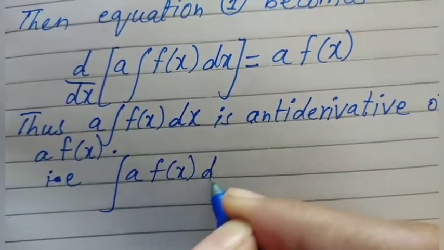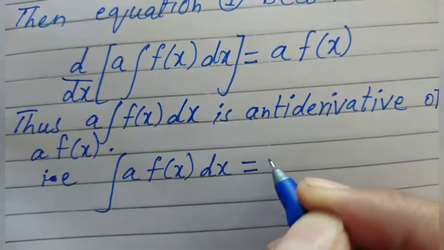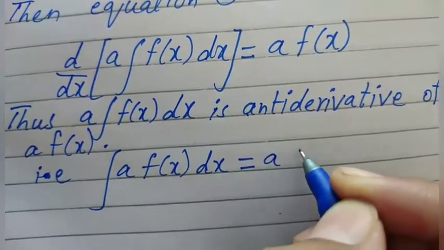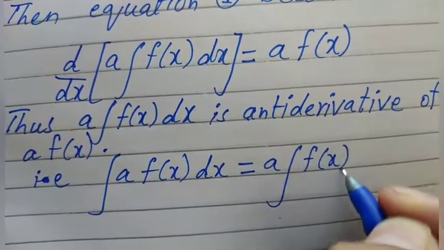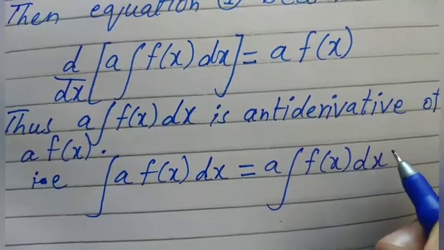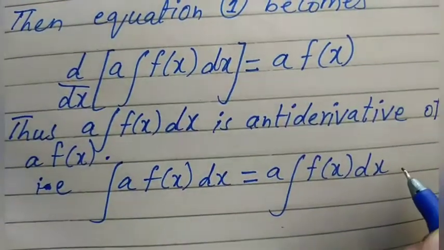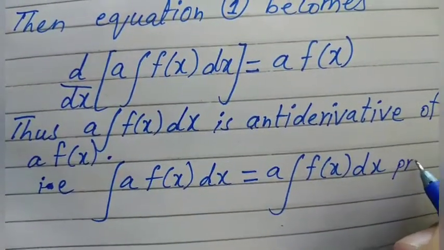So you can write here that the integral of the product of the constant and the function f of x is equal to the product of the constant and the integral of the function f of x. So here our second theorem is proved.